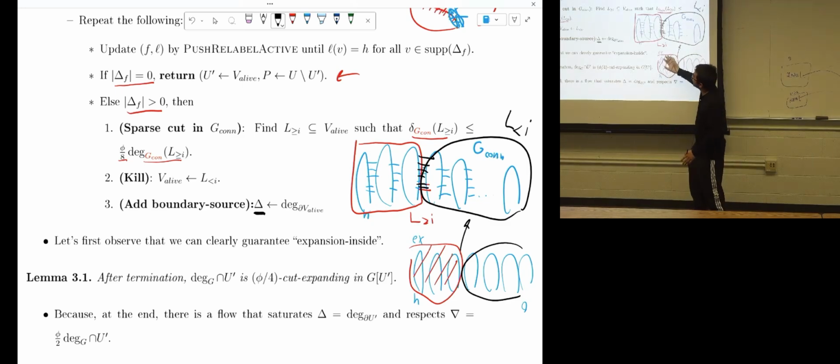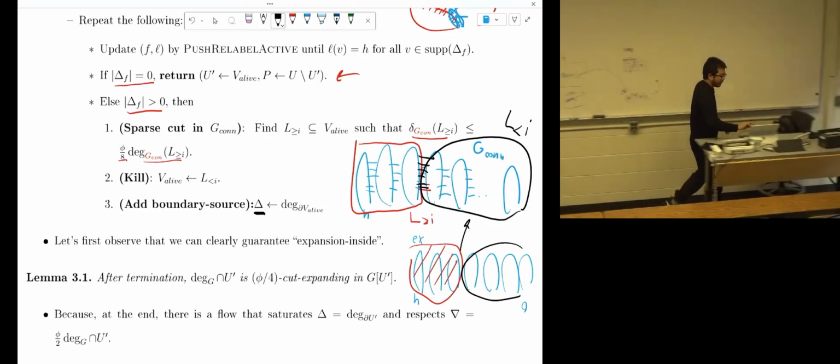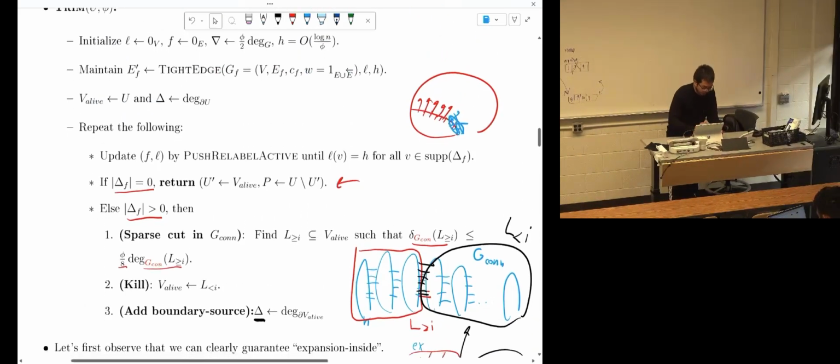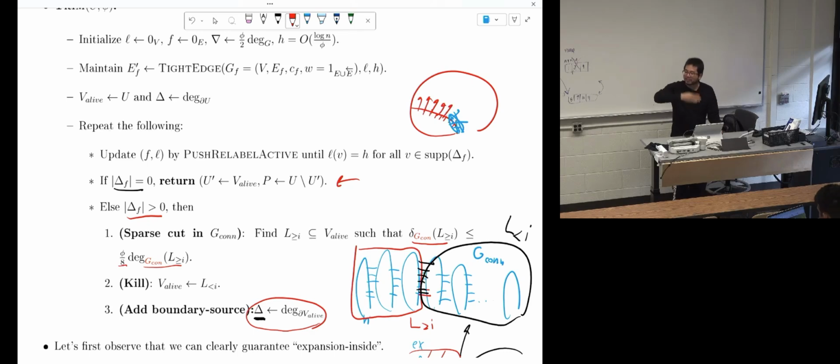But you see, when there is no excess left, when this thing happens, you are done. Because when you have no excess, it means that you successfully sent the flow from the battery of the alive set to inside the alive set.